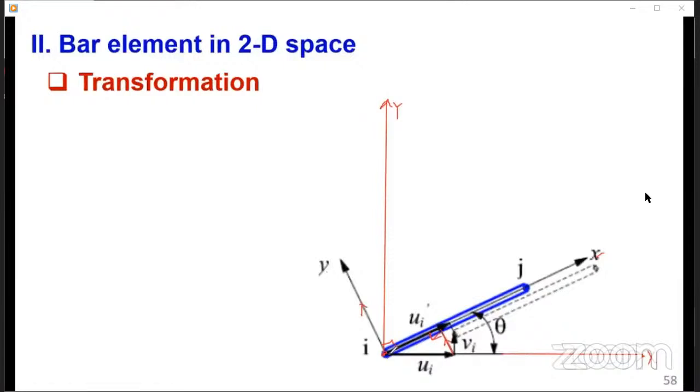Let me extract it for you so that you can see it a bit clearer. So I have this right angle triangle like this.